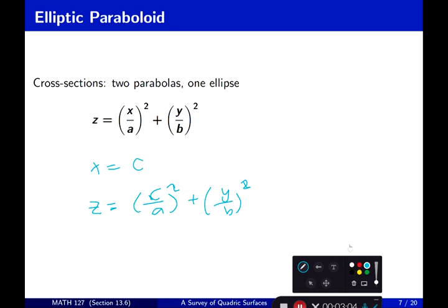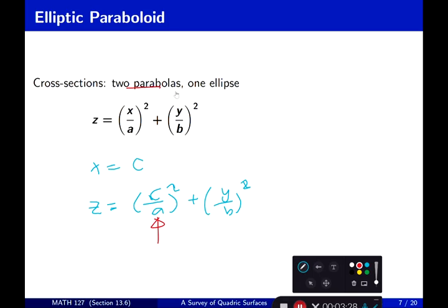This part is a constant, and the term (y/b)^2 is equal to z. So these are parabolas, and it's sort of symmetric.